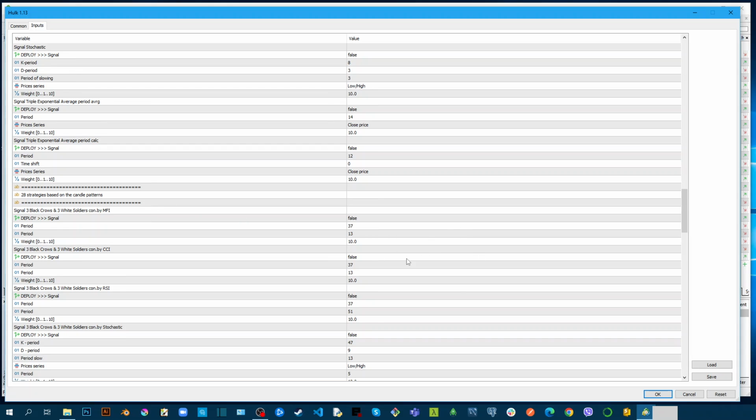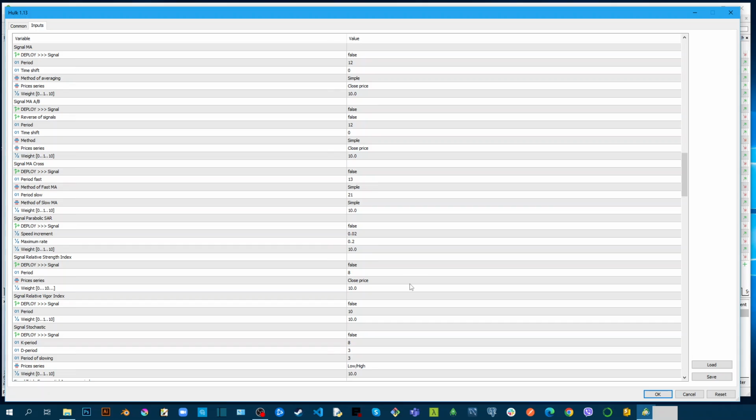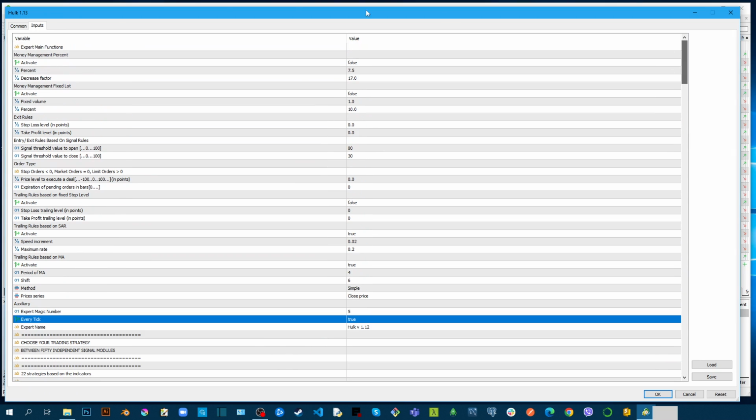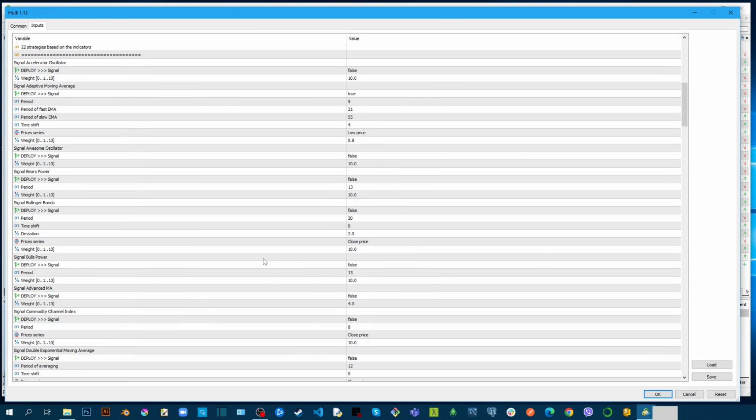My main idea was to have one expert with 50 signals, and to activate only one signal, and after that work with the rules above. But you can also use more than one signal. You can use 2 signals, or 10 signals, or all 50 signals at the same time.